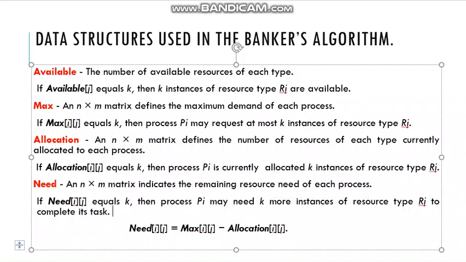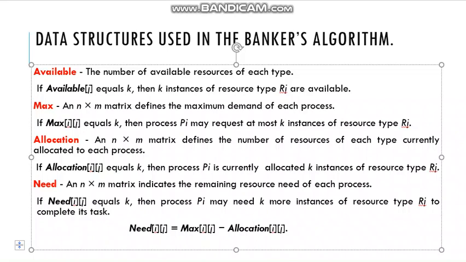Like it has allocated 2 printers, but it needs another 1 printer to get the work done. So Need is calculated as the maximum resources it needs minus what is already allocated. Think that its maximum is 3 printers, but it has allocated only 2. So Need is 3 minus 2, equal to 1.